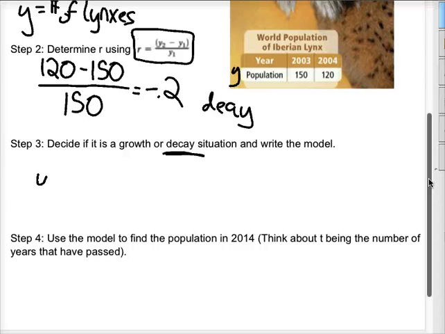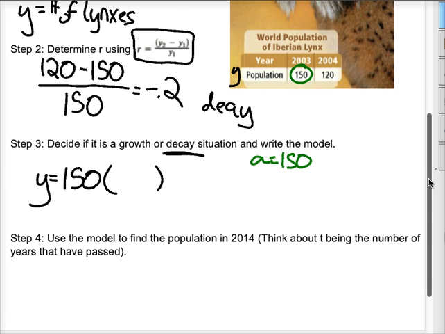So if we're trying to write the model for that, we need to pick out the right information still. What's our initial amount, that A? Well, we're starting with 150. R, well, this is a weird thing.